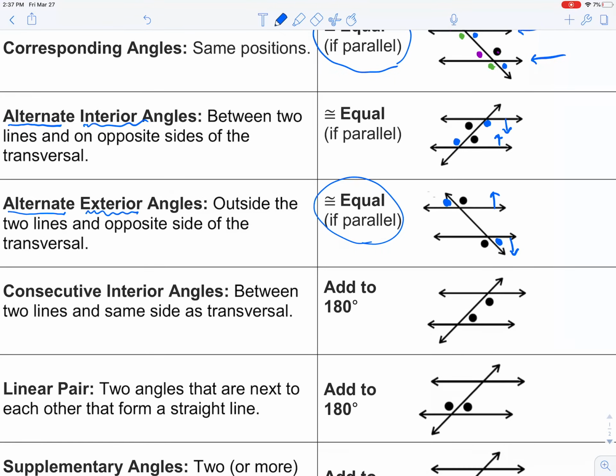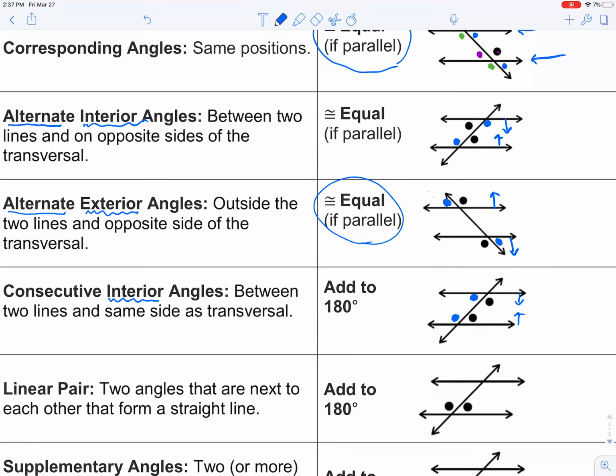Consecutive interior angles. So that would be between the lines. So interior, again, means inside, so inside those two parallel lines. And then consecutive means on the same side of the transversal. So as you can see in our picture, the two black dots, the other set are these two blue angles that I just colored in.